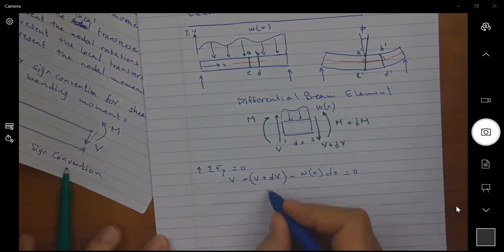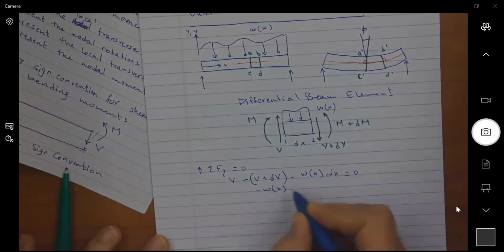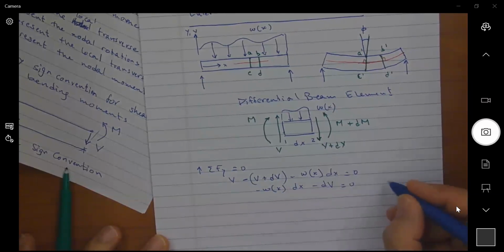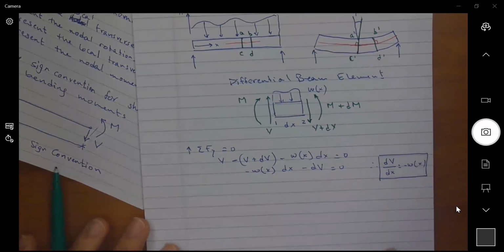So I get from this that minus W of x dx minus dV is equal to 0, or dV by dx is equal to minus W of x, given the load is going downwards. And if you recall, this was a relationship we used when we were sketching the shear diagrams.